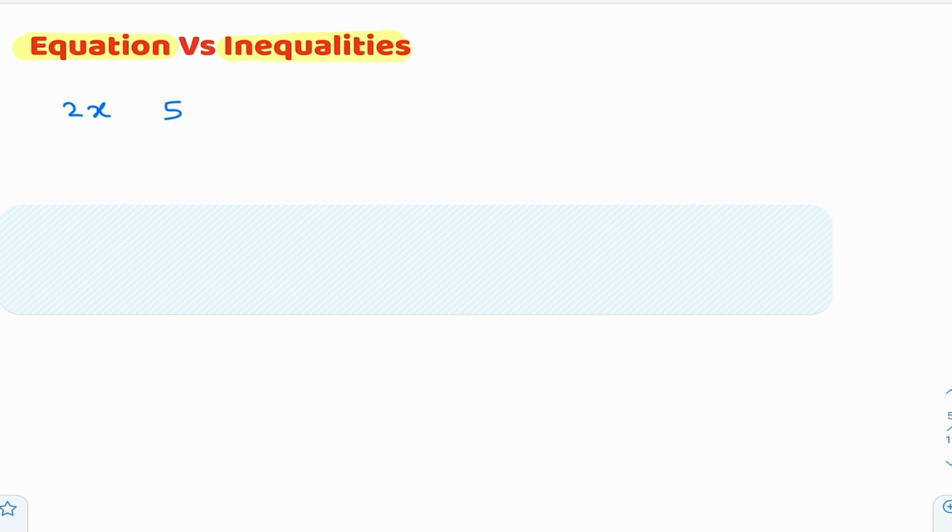If I use the symbol equal to relate them, then what does this form? 2x equal to 5 is an equation. So generally in an equation, two quantities will be there, one is the left hand side, another is the right hand side. If these two are related with the symbol equal, this forms an equation. For example, x square plus 2x plus 5 equal to 3x.